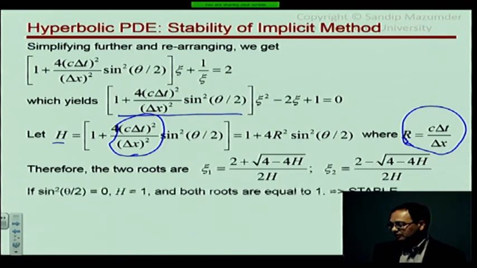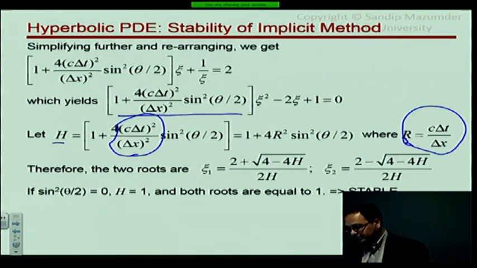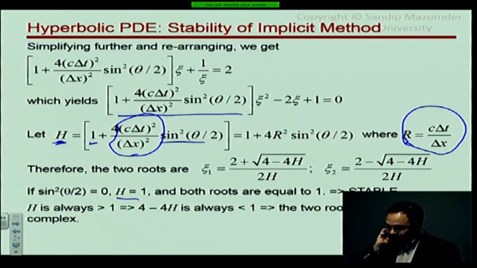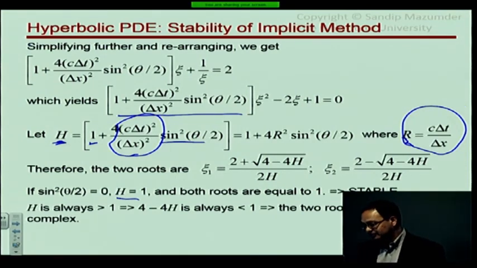Sine squared theta equal to 0 gives you h equal to 1, which you can see from this formula here. If I plug in 0 here, h is simply 1. And if you use h equal to 1, both roots just give you 1. Nothing meaningful, which basically says that it's stable. So therefore we are going to look at again sine squared theta equal to 1 instead of 0.